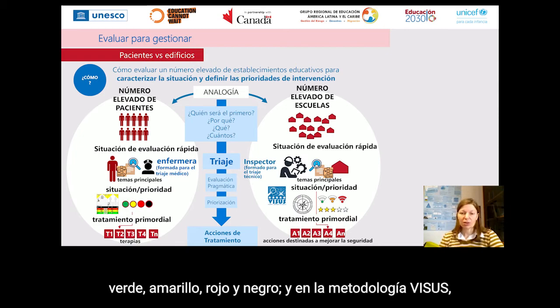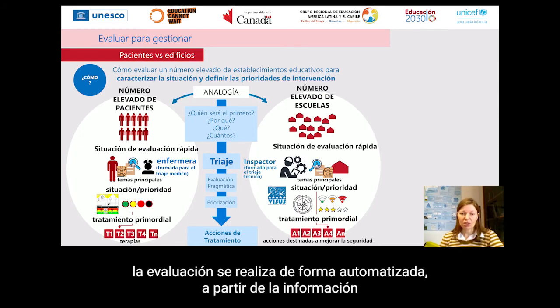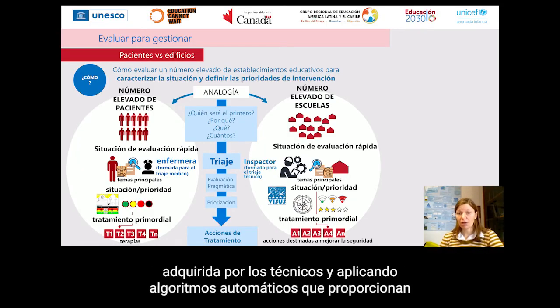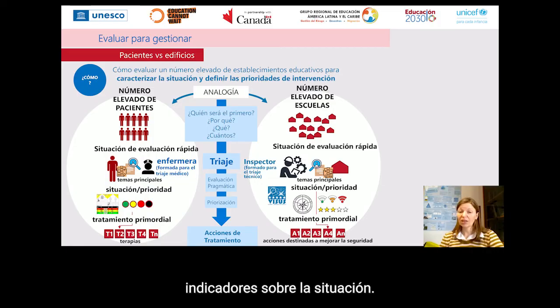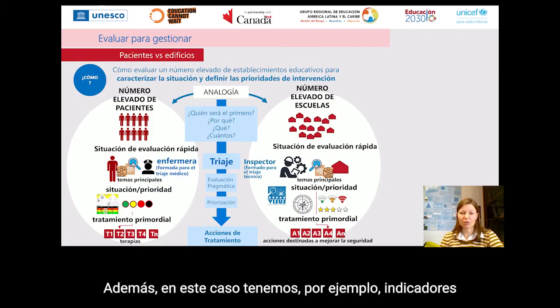And in the Visus methodology, the evaluation is done in an automated way, starting from the information acquired by the surveyors and applying automatic algorithms that provide indicators concerning the situation. Also in this case, we have, for example, indicators such as green, red, and yellow, and the stars.